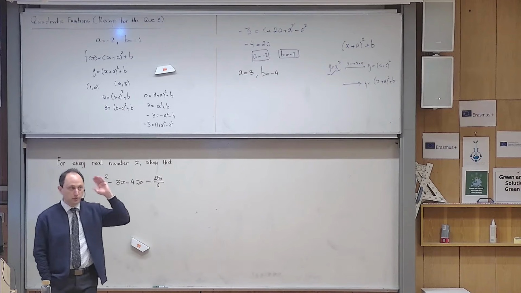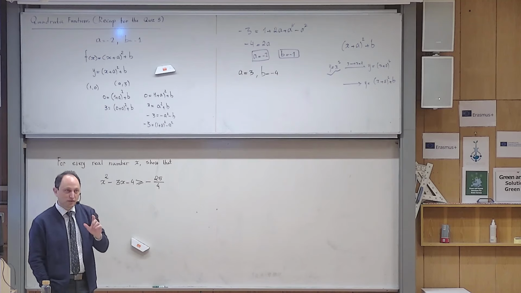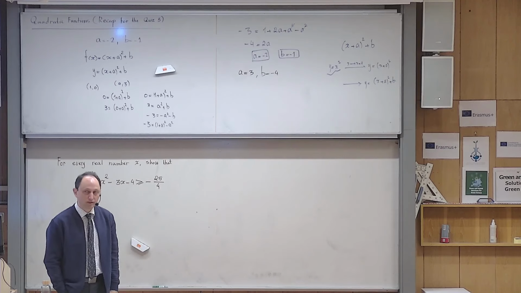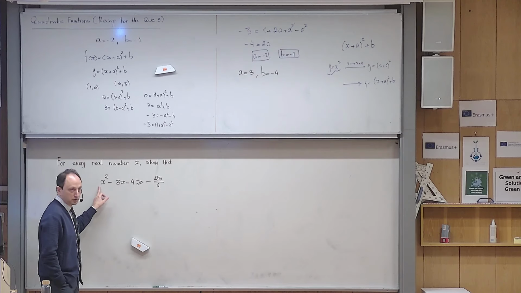So how should I prove this? This is a very good question because instead of asking you directly what to do, they have asked you the same thing that you know very well, but in a disguised form. So let me ask you, what type of function is this, everyone? What is the type of this function you see on the left? Quadratic function.